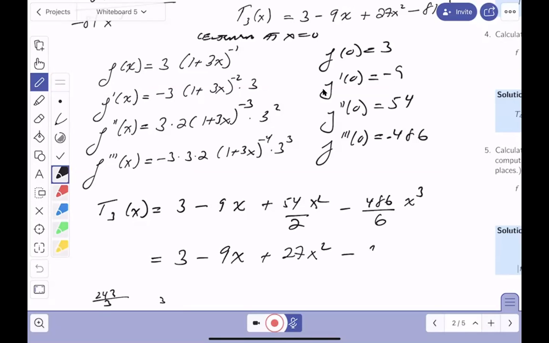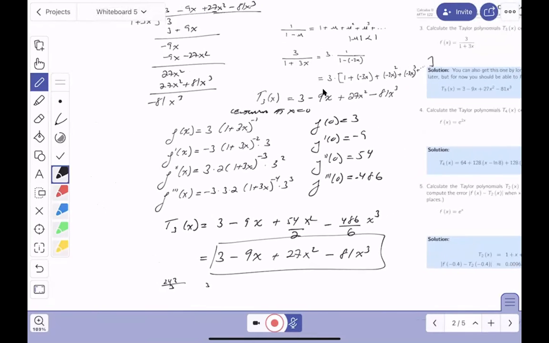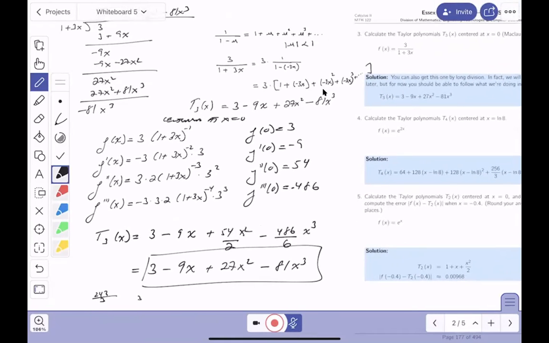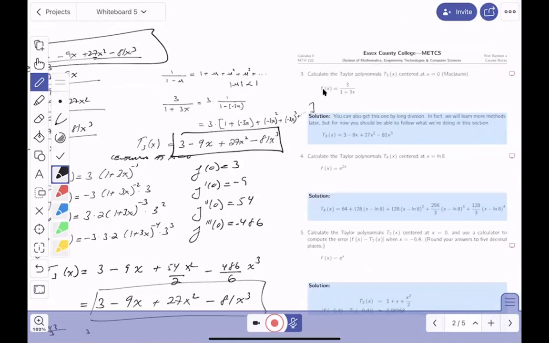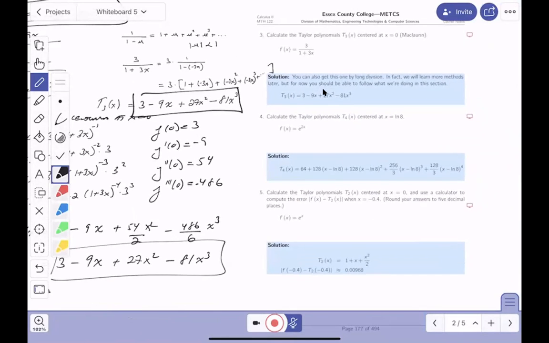Well, that's 81. Okay. 3 ways we did it. Every single technique leads to the same answer. So let's look at the key, make sure we got what they said they were going to get, which is 3 minus 9x. Things are looking good.